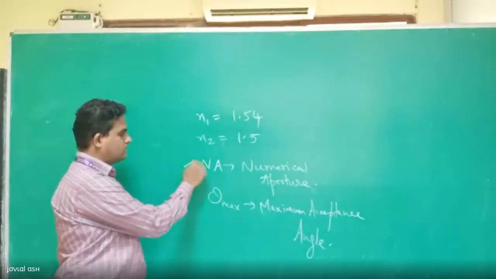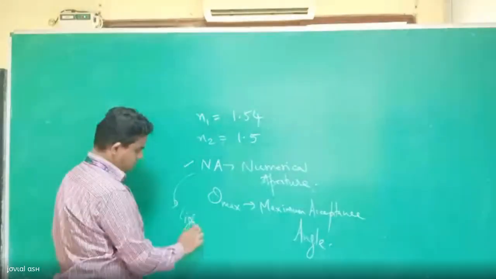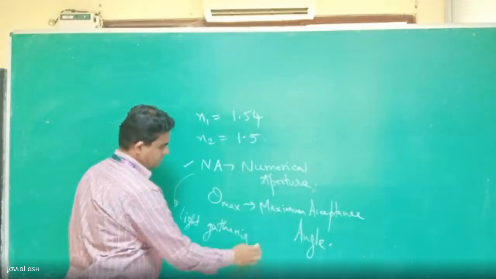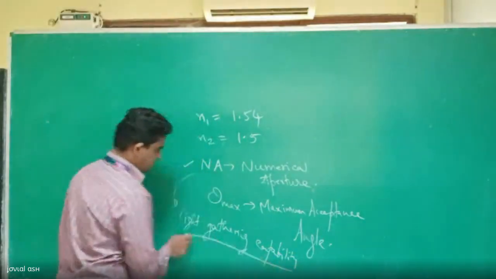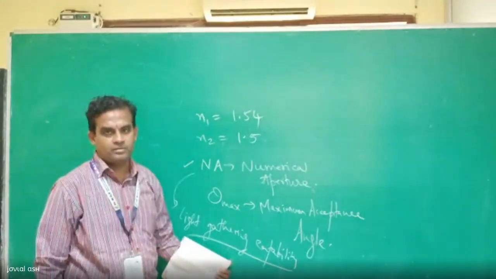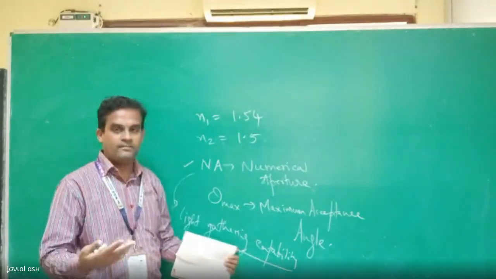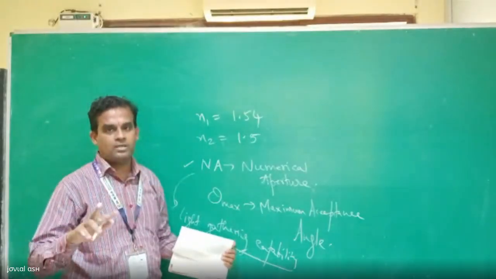So you should know what numerical aperture is. The aperture is simply the light gathering capability of a fiber. How much light it can propagate, whether it can propagate in a single mode or multi mode.